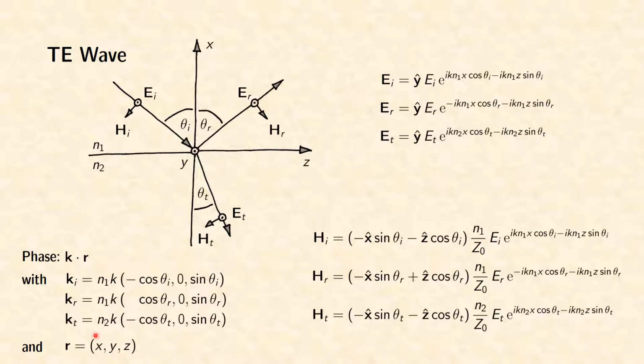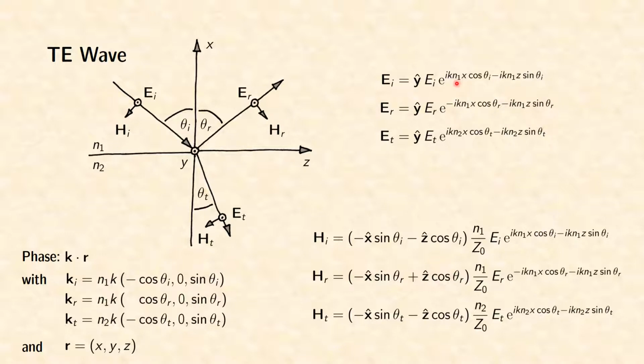So the scalar product of this xyz vector with k_i is given here. And k, by the way, is 2 pi over lambda, the wavelength of course. Otherwise there is nothing special.